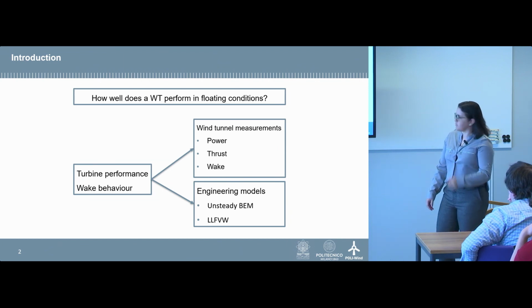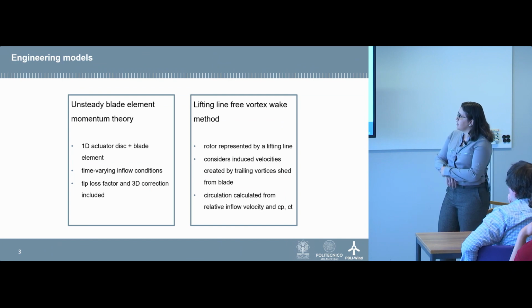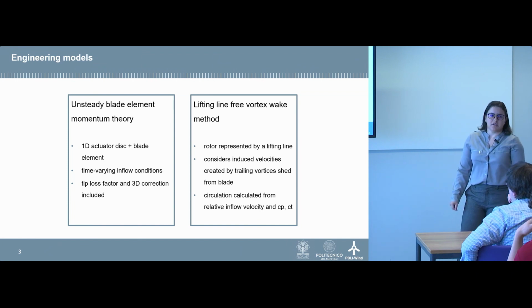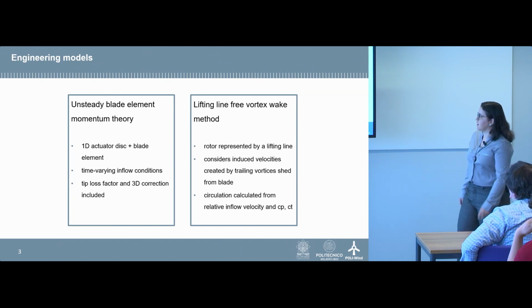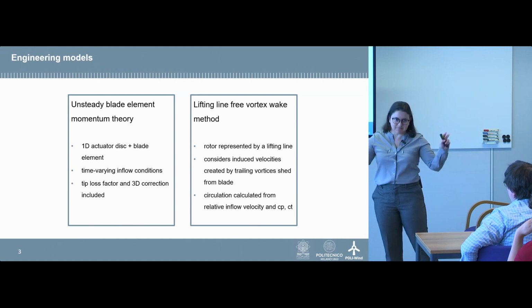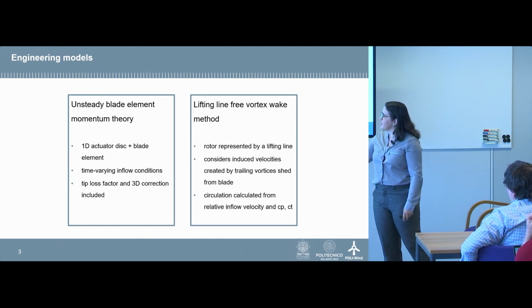The two engineering models that I'm using are unsteady blade element momentum theory and the lifting line free vortex wake method. These are two mid-range fidelity models. The simplest is the unsteady blade element momentum theory.